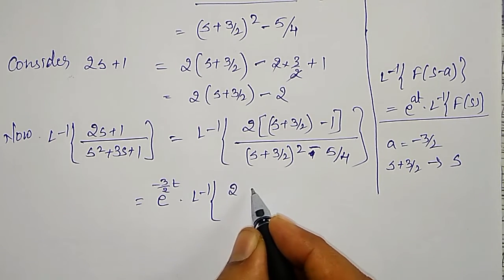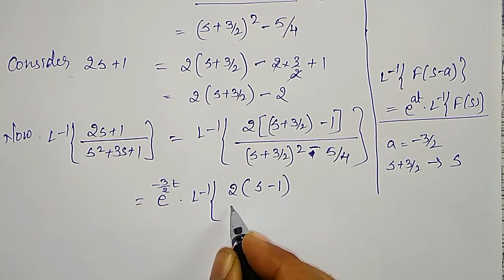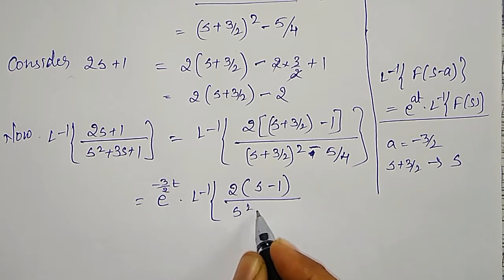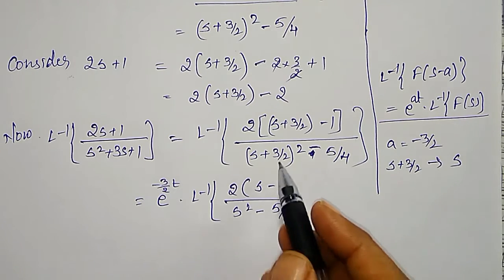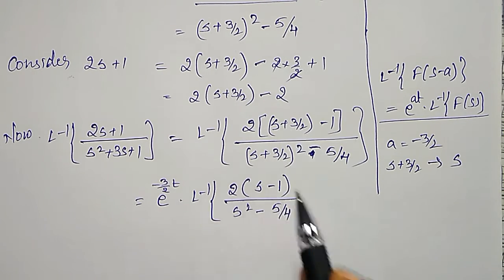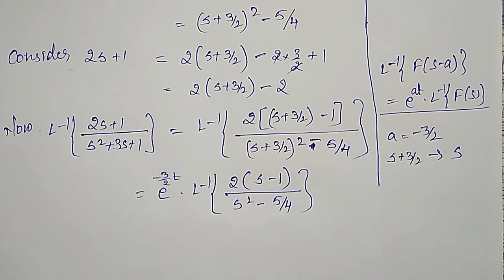That is 2 into (s minus 1) divided by (s square minus 5 by 4). Correct? Now its inverse Laplace transform can be calculated easily.